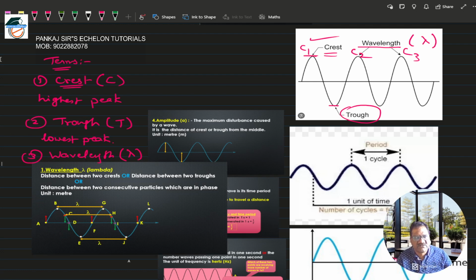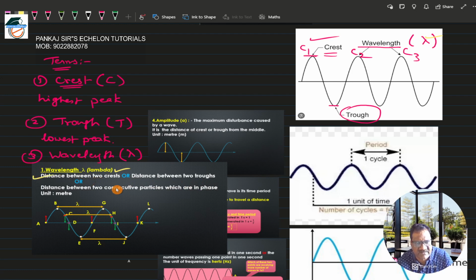It says that wavelength is represented by this lambda. Lambda is this Greek alphabet that I was talking about, this one. So the distance between two crests or the distance between two troughs is known as wavelength.